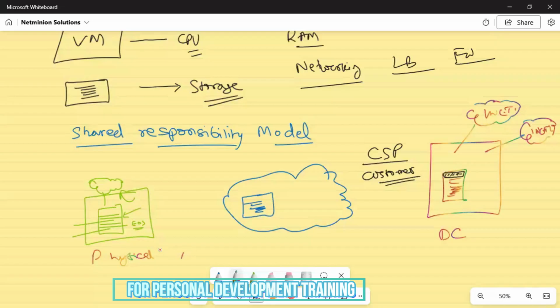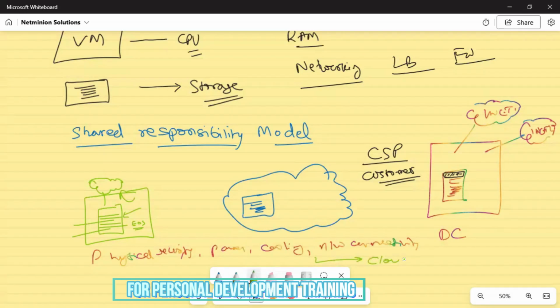If we talk about physical security, power, cooling, network connectivity, if you are taking cloud infrastructure, then for sure it is going into the bin of the cloud service provider, CSP. The consumer isn't co-located with the data center, and it doesn't make any sense that the consumer will share this responsibility.